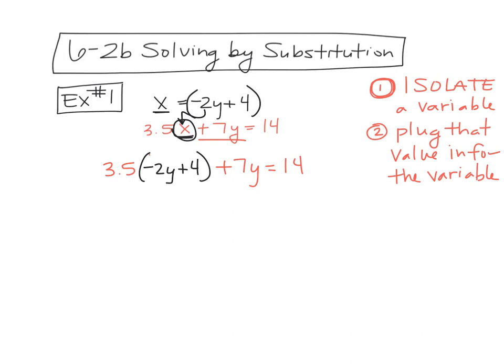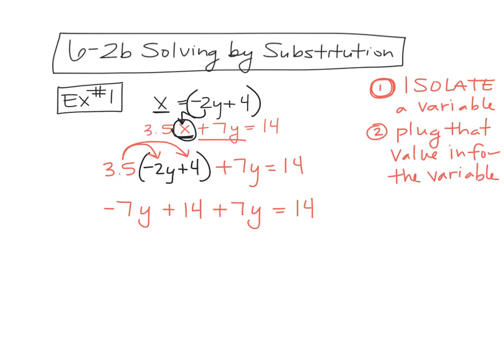How do I do that? Distribute. So we're going to distribute the 3.5 to both of these. So 3.5 times negative 2 is a negative 7y, plus 3.5 times 4 is 14, plus 7y equals 14. Are you with me still?